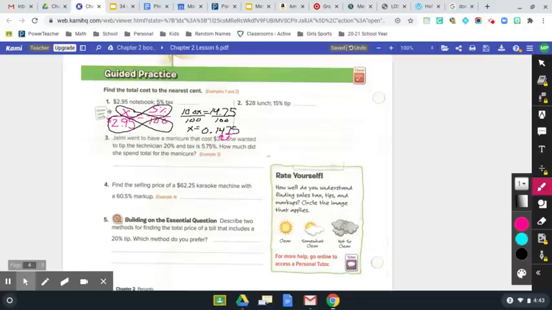So my final answer here is that the 5% tax on the notebook is 15 cents. Again, that's just the tax, the 5% that the state is charging on sales tax for a $2.95 notebook, is 15 cents.